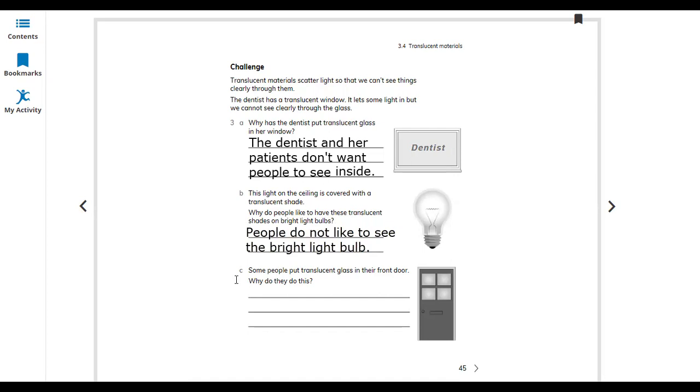Part C, page number 45 from your workbook, grade 3. Some people put translucent glass in their front door. Why do they do this? Obviously, if it's your main door and there are glass panes like a window, people put some translucent sheet so no one can see inside the house.